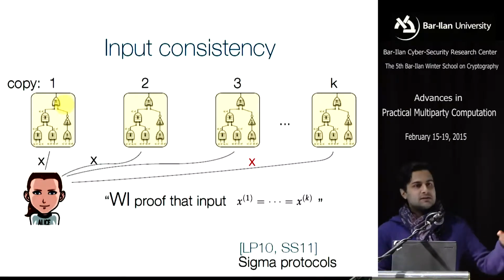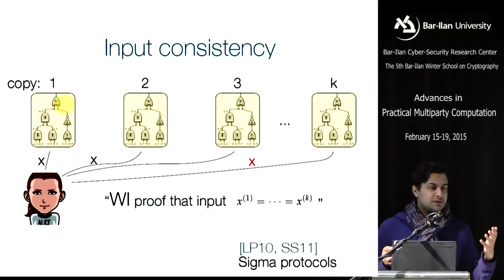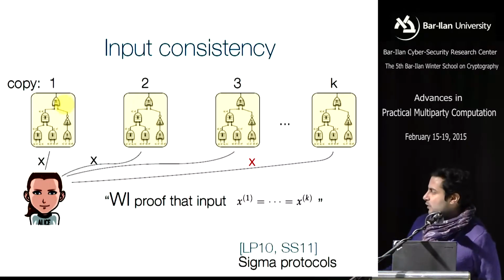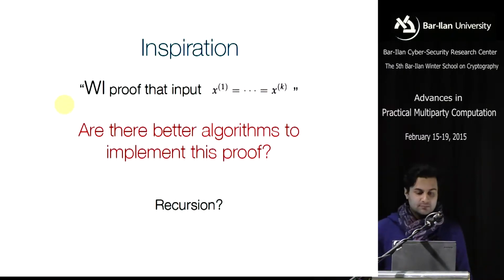So as long as one can come up with some witness, and the evaluator cannot tell the difference between which input was used, then this simulation argument works. So all we need is a witness indistinguishable proof for this, and a sigma protocol is a great example of such a protocol. But now we're going to look for something that's more efficient.